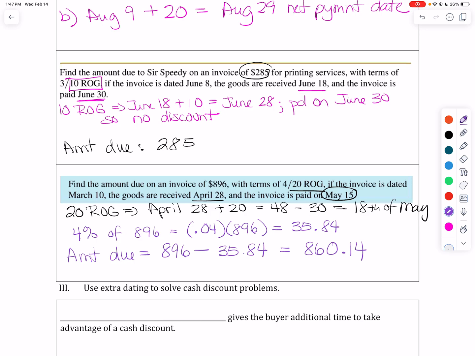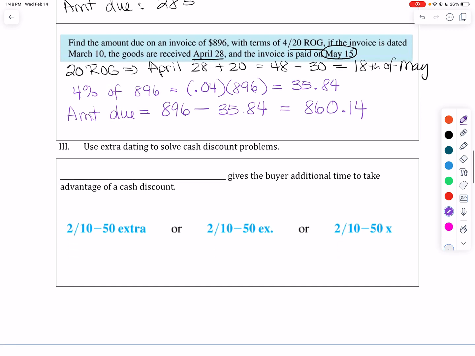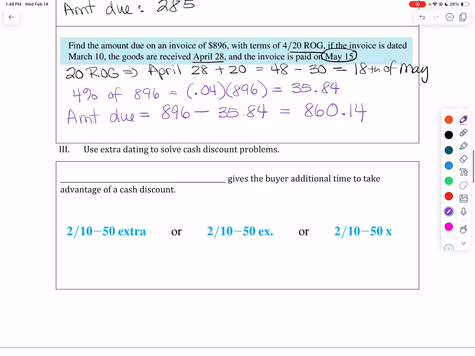All right, so I believe this might be the last one that is a special condition. Let me just double check. I think we've done Proximo. Yeah, we do partial payments later, but this is the last special kind of blurb here, that gives additional time to take advantage of the discount.